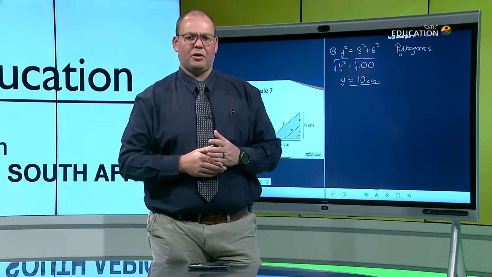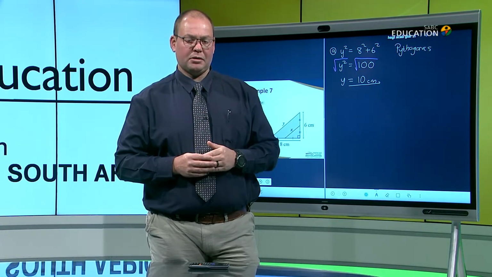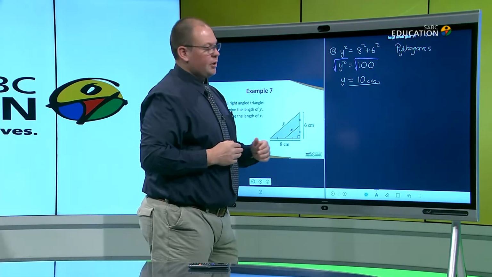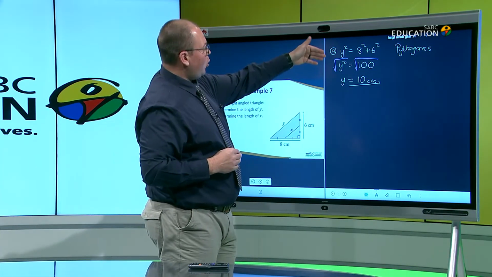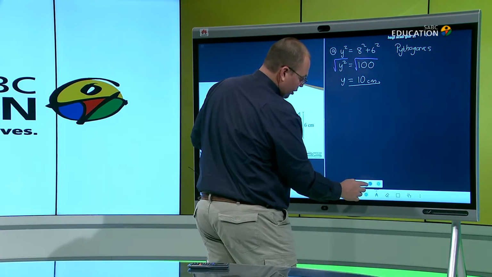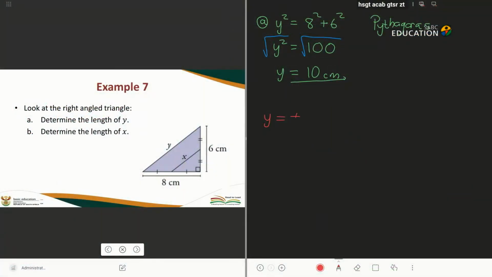Okay. Now I just want to comment on something. When we work with trigonometry and we work in a specific Cartesian plane, we've got a positive x-axis and negative x-axis, a positive y-axis and negative y-axis. Therefore, when we do the same calculation there and we take the square root of y squared, you will remember that you would have been taught that y will be equal to plus minus 10.